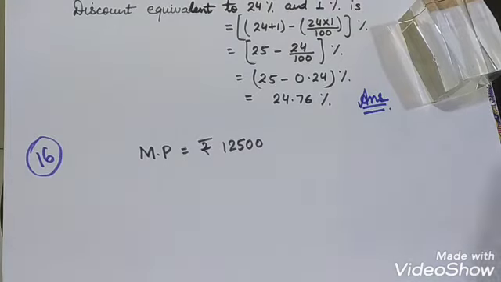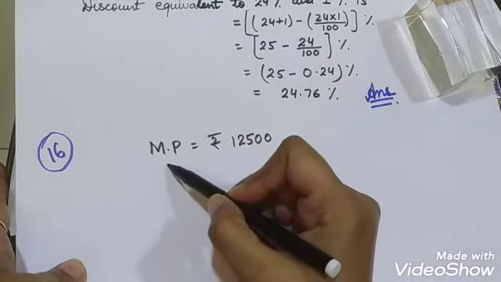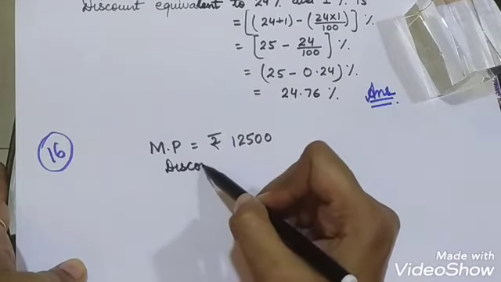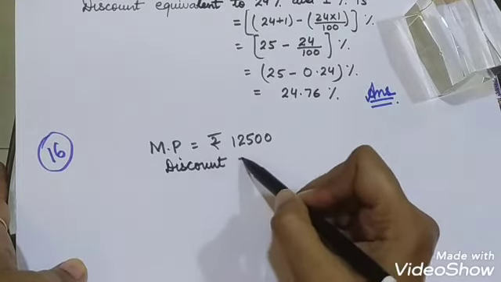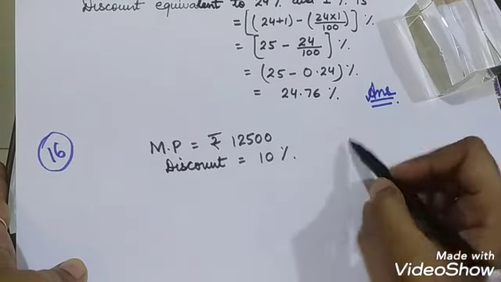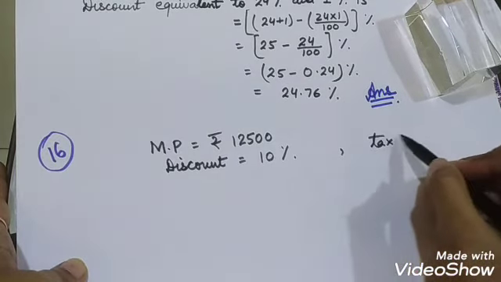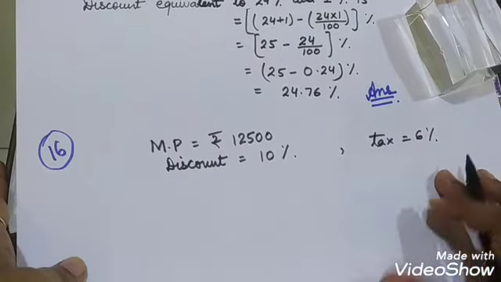So first we will write the MRP is this, and the discount, which is the rebate, is 10%, and then tax is charged 6%.